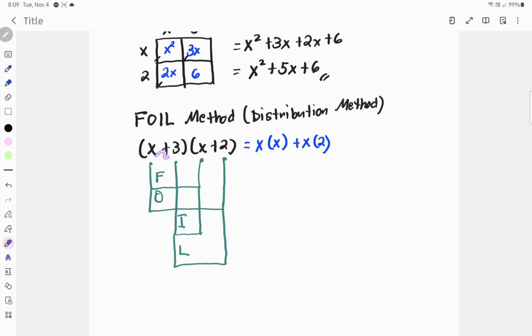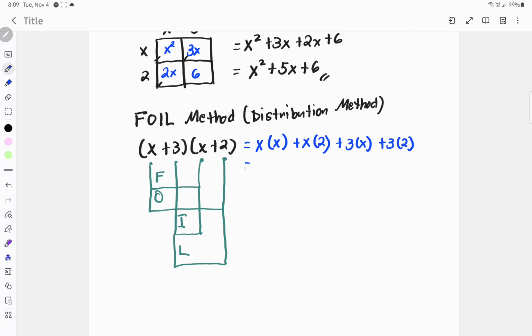This is your x and this is your 2. Continuing, let's go with the inner terms, which are 3 and x. So writing that, 3 times x, followed by the last terms of the binomials, which is 3 times 2. So plus 3 times 2.